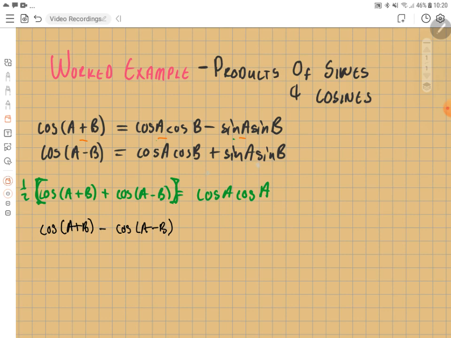So it will be negative sine A sine B again, and we get negative 2 sine A sine B. But I'm just going to write sine A sine B and take that negative 2 to the other side. It will become negative half, and it's multiplying. So that's just it.